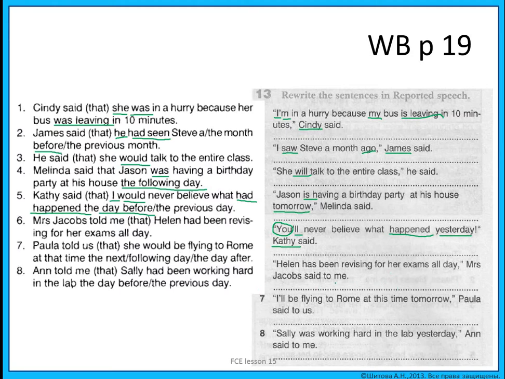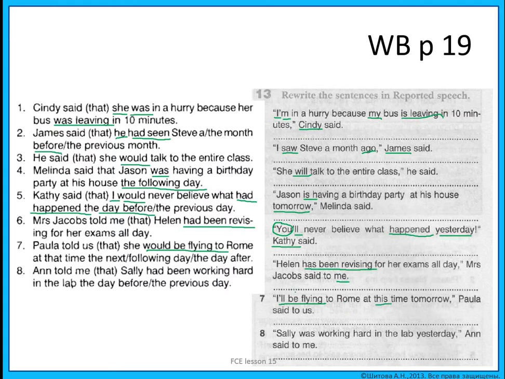Then: "Helen has been revising for her exams all day," Mrs. Jacobson said to me. So to me, and Helen, instead of has been revising, present perfect continuous, we use past perfect continuous. Here, instead of I and will be flying, we use Paula said to us or told us she would be flying to Rome at that time.